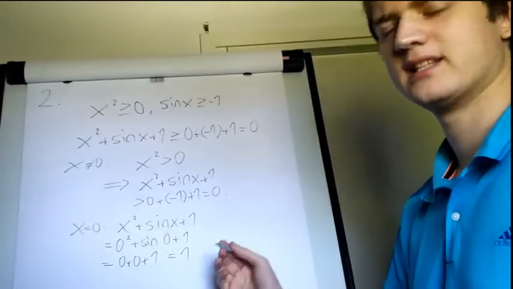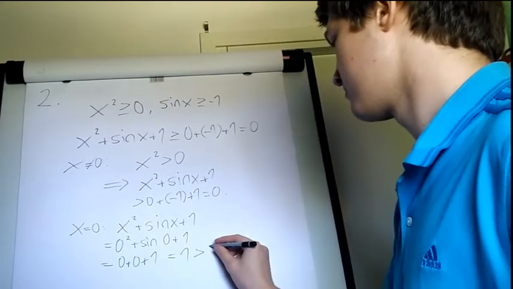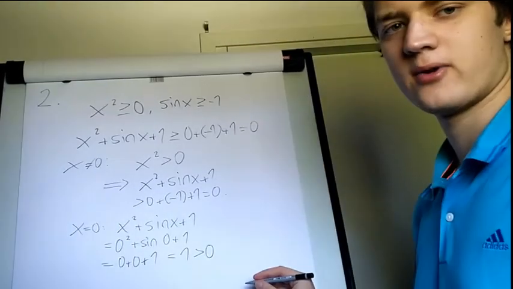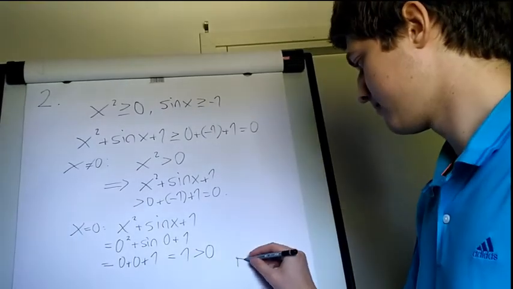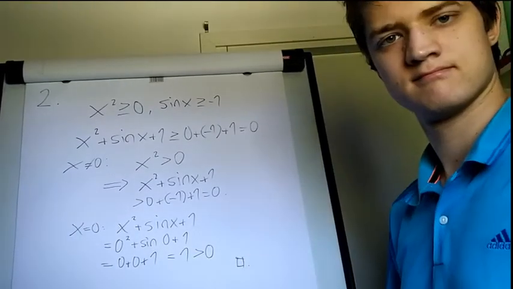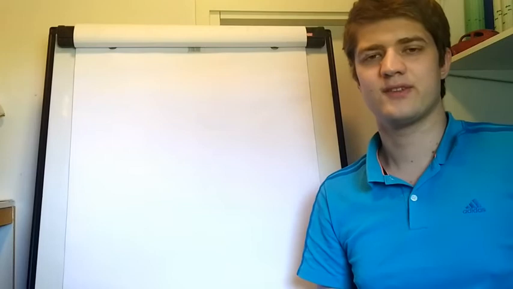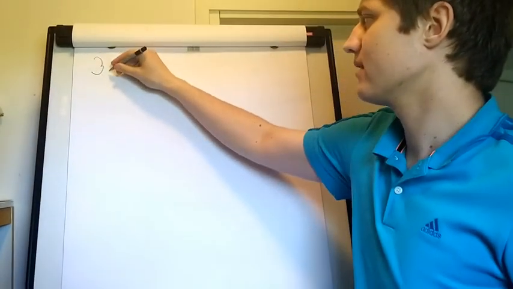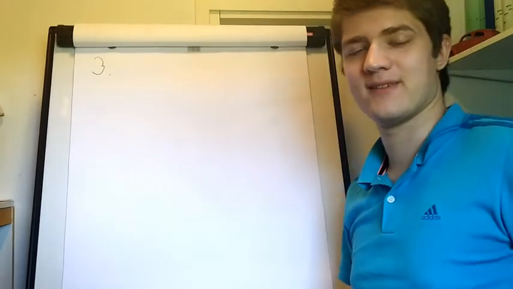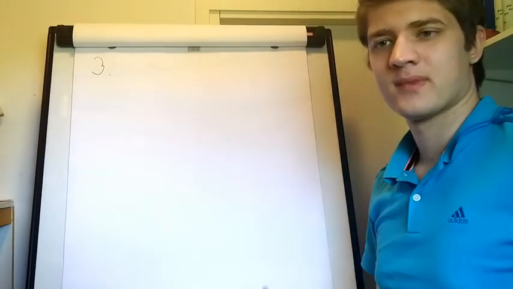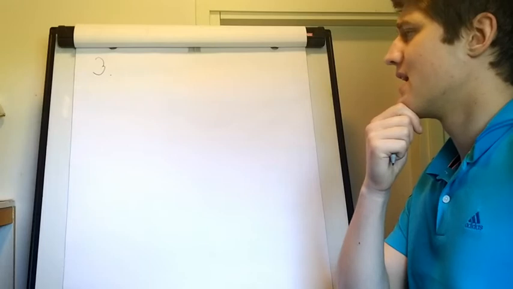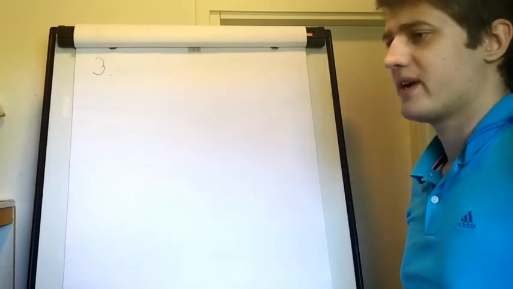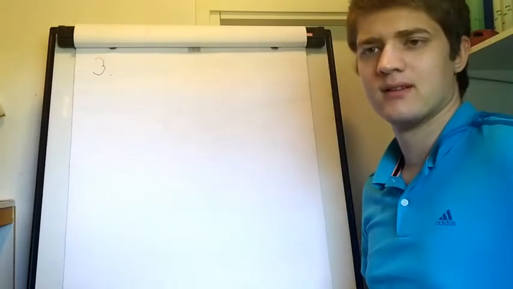And that is strictly greater than 0. And we are ready with problem number 2. And finally, in the third problem, we have a triangle with 2 sides given, and we need to find the greatest possible area of this triangle.